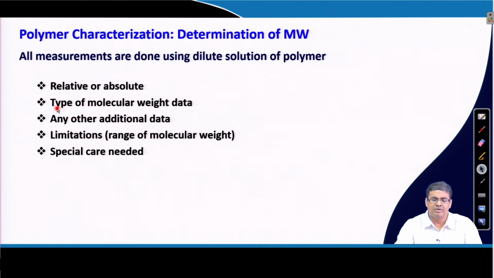You also need to know what type of molecular weight data the technique can provide, whether any additional data it can provide, and what the limitations are, which includes the range of molecular weight of polymer which can be determined by that particular technique, and what special care should be taken to accurately measure the molecular weight.